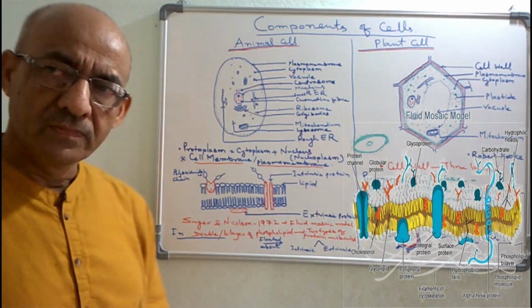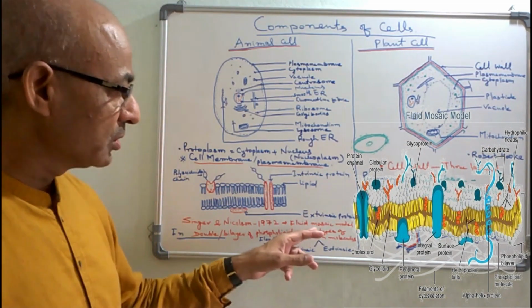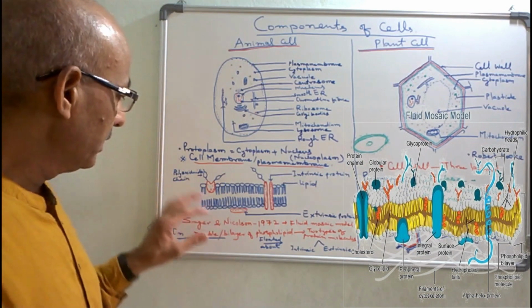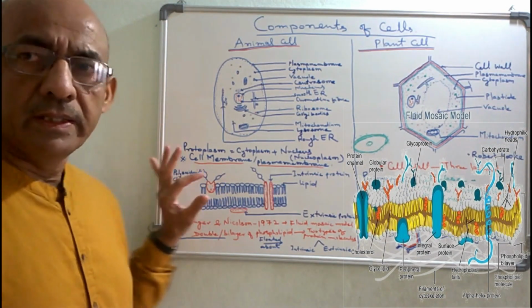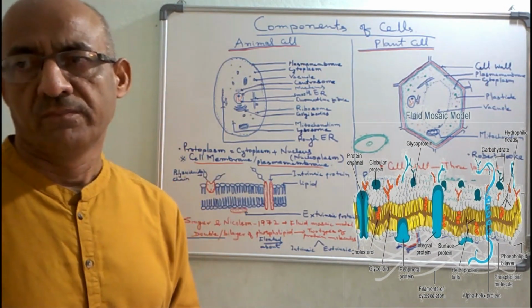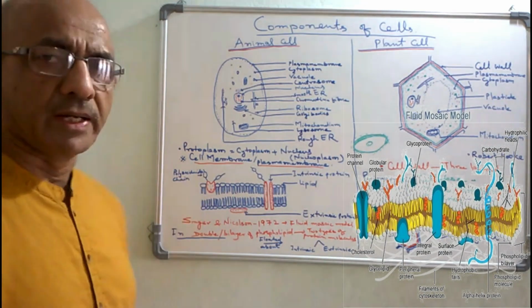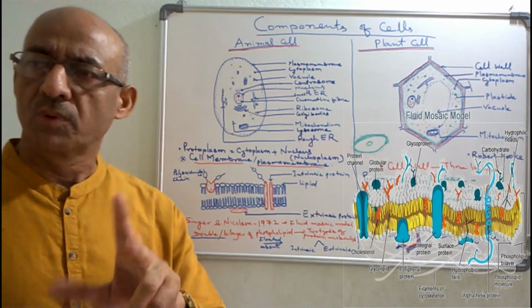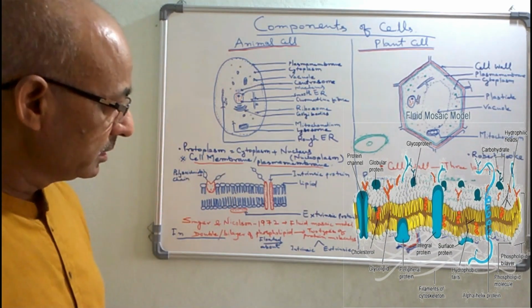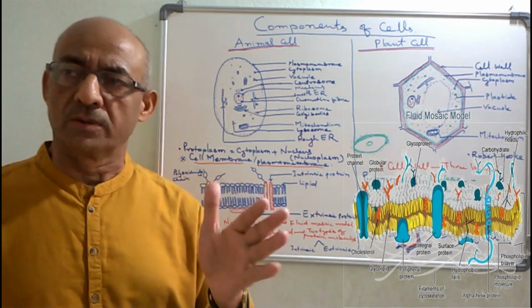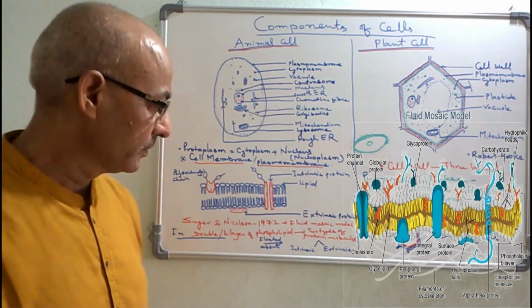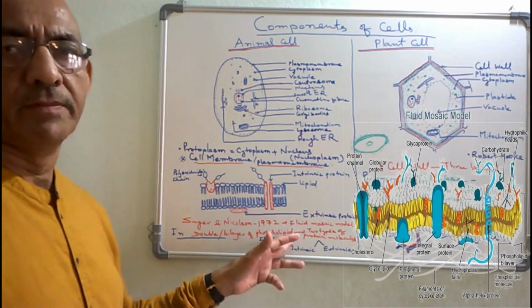suggested the fluid mosaic model, a structural model of the cell membrane. According to them, two types of protein molecules float in a double layer of phospholipid.